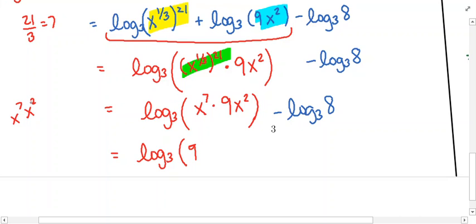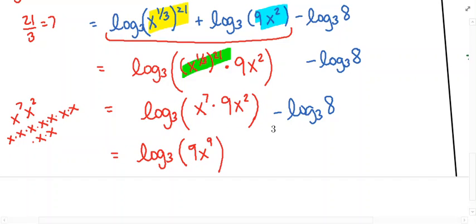The exponents are not side by side, so this is the case when you're going to add the exponents. If you forget, you can write it out. It's x multiplied by itself 7 times, 1 2 3 4 5 6 7, times x multiplied by itself twice, so it's going to be a total of x multiplied by itself 9 times. So this whole red quantity turns into log base 3 of 9x to the 9th.